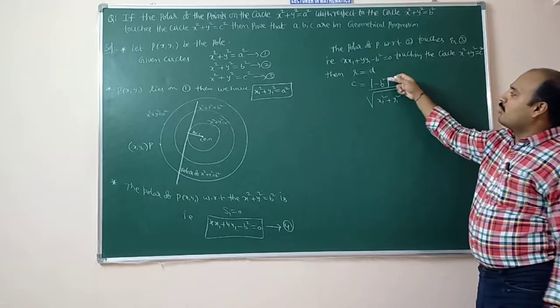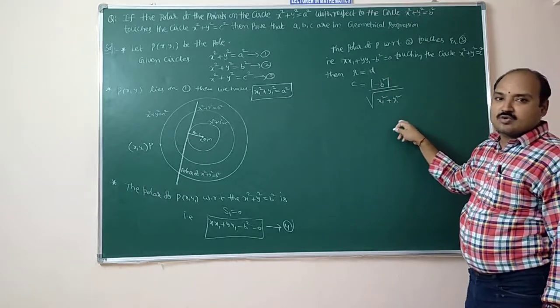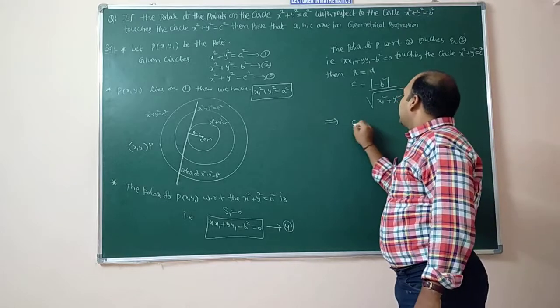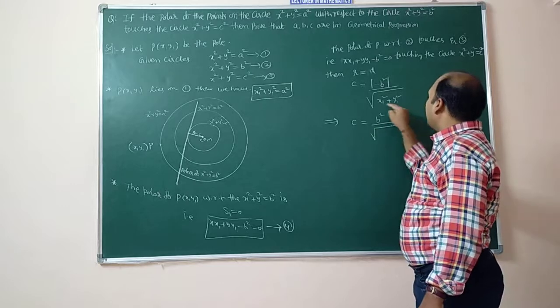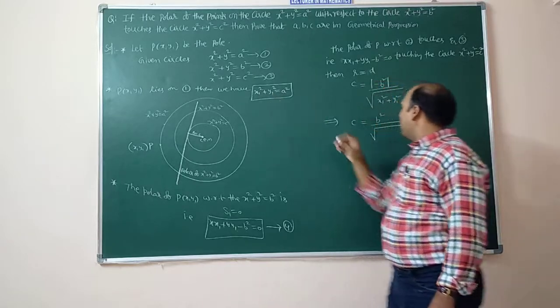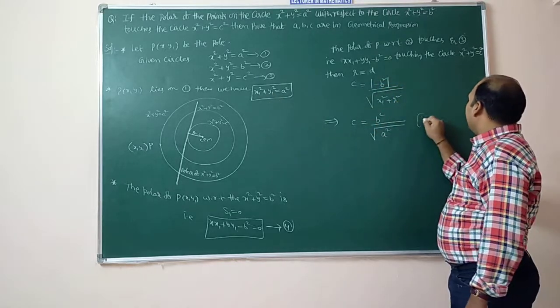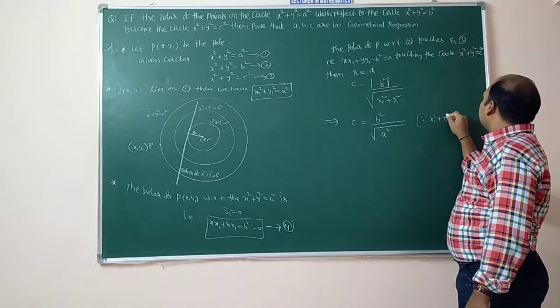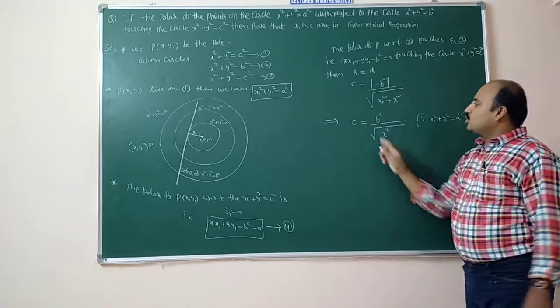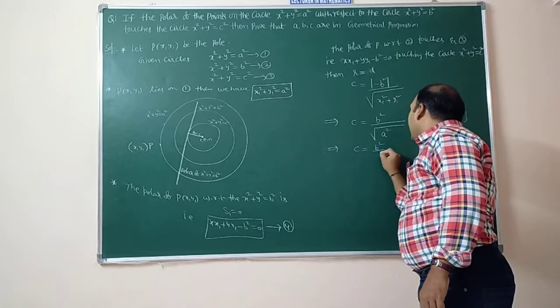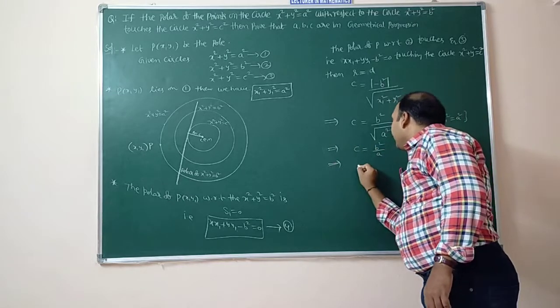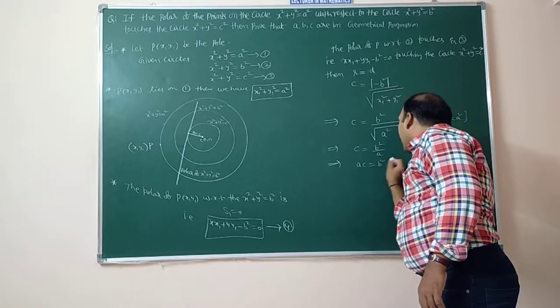That implies c is equal to b square divided by square root of, we know that x1 square plus y1 square equal to a square. So root a square will become a. c is equal to b square divided by a, cross multiplying, ac is equal to b square.